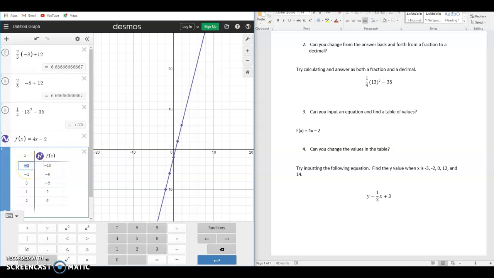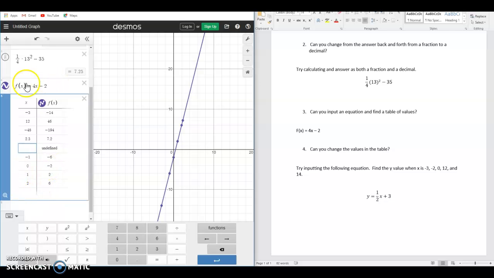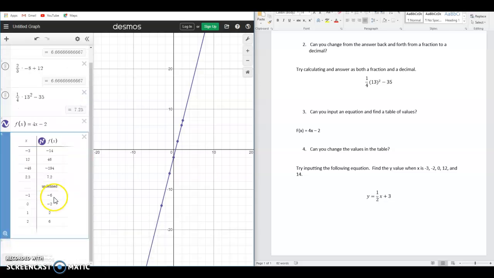Like if I wanted to make that -3, I could do that, and it would tell me what the corresponding y or f of x value is. Or I could type in 12, and it tells me that. And that's the same thing as if we're plugging in those numbers for x. So this is really going to be a helpful tool as we work through our unit. So we could even do -48, we could do 2.3, and so really great that we can change those values, okay? And then if you wanted it to go away, you could close out of it, okay?